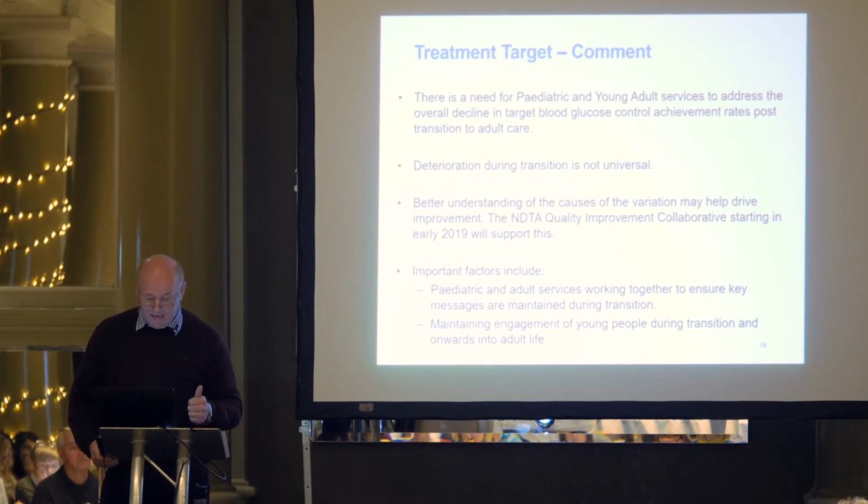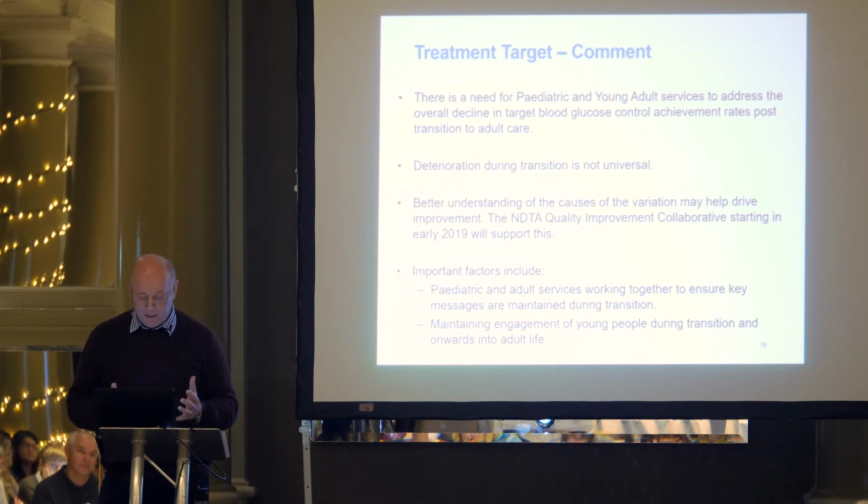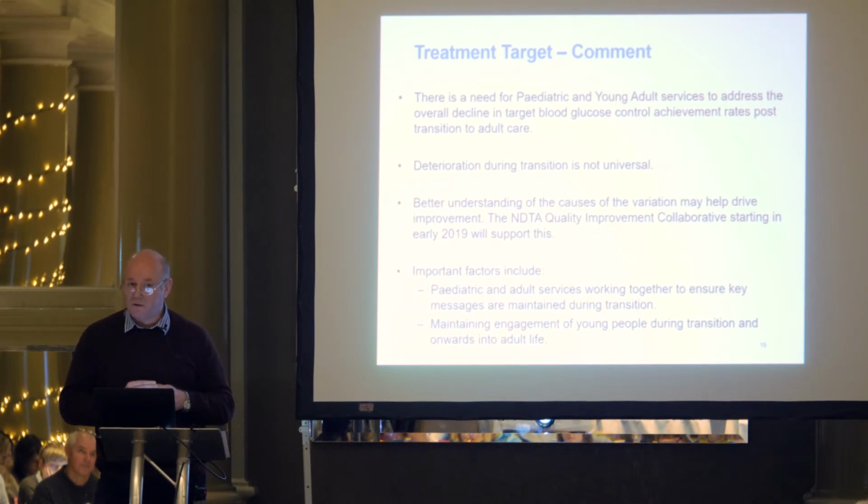We need a better understanding, so do come to these quality improvement collaborative support processes. And I think you could put a list as long as your arm of important factors, but there is a need for paediatric and adult services to work together to ensure the key messages are maintained during transition, and maintaining engagement probably is the most important thing during transition.